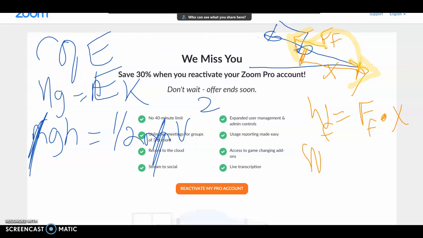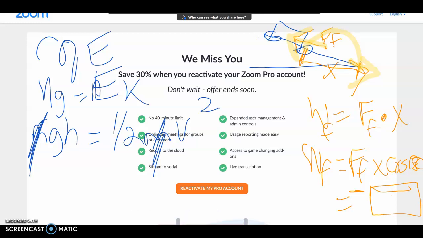It would be work done by friction equals F friction x cosine 180. And that's going to give us a negative value, right? Because the cosine of 180 is -1. So that's going to give us negative work.